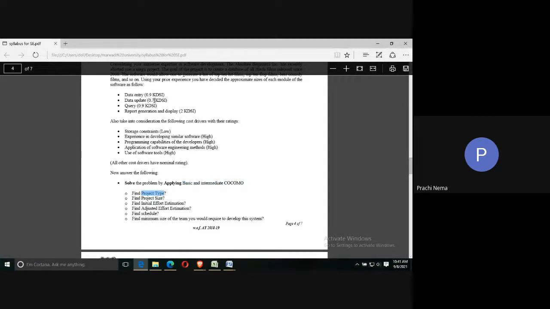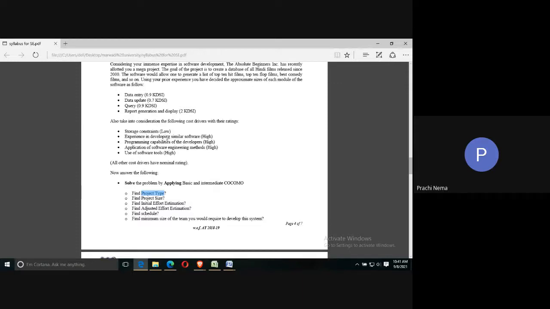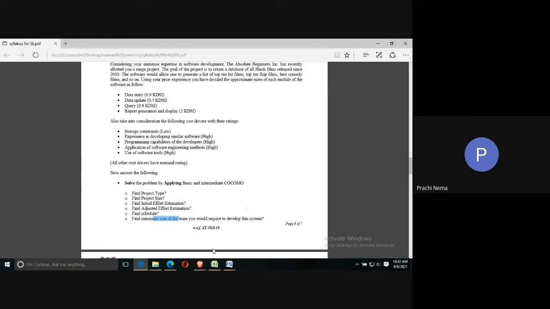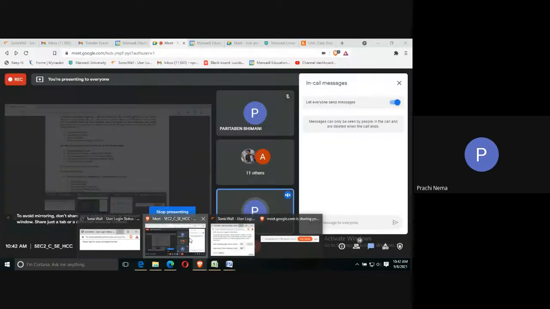Study the details and you will get to know which category it belongs to. Similarly, I have told you how to calculate size. Then you can calculate the initial effort estimation. Adjust the effort estimation using the formula. Then schedule is the time, and I have told you the minimum size of the team. This is easy if you have a proper understanding of the COCOMO model.